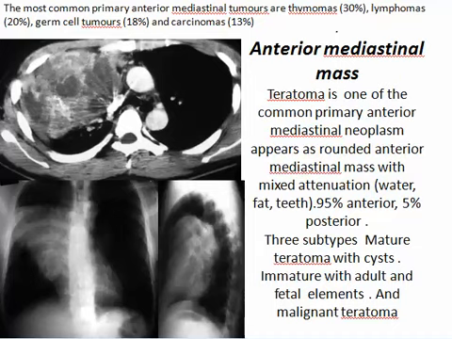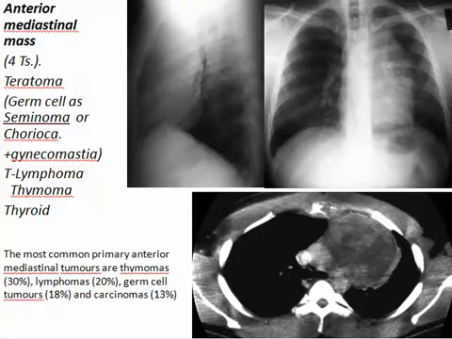Now amongst the germ cell tumors you should know is the seminoma or choriocarcinoma deposits, which are considered amongst the teratomas we know: the mature, the immature, and the malignant.